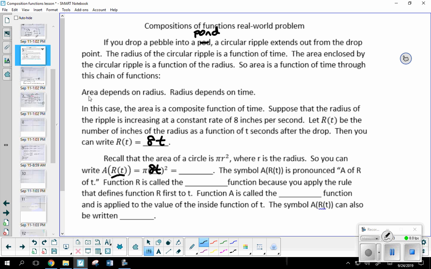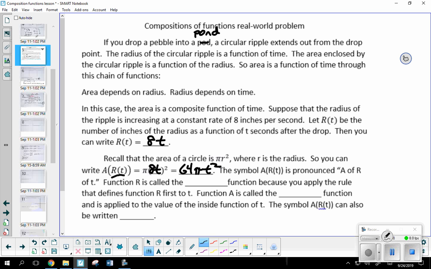So what do I get if I square 8t? 64t squared. So my area function is 64 pi t squared. I now have a function where the area depends on the time. The area is a composite function of time.